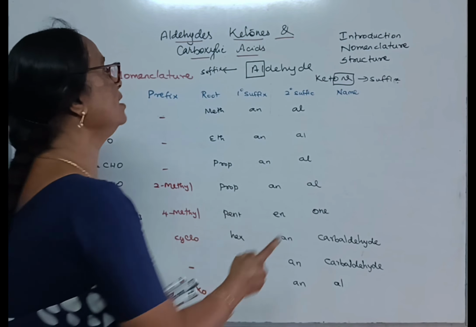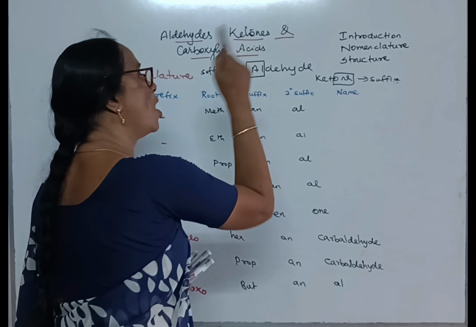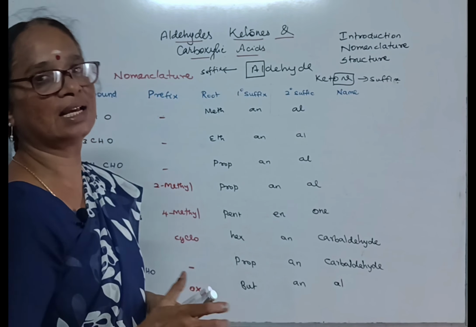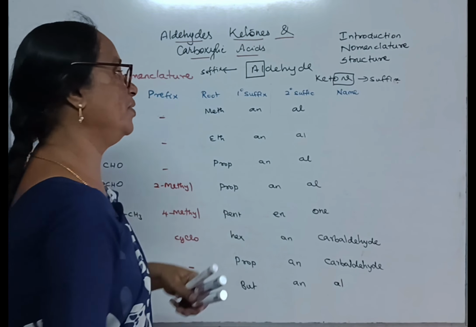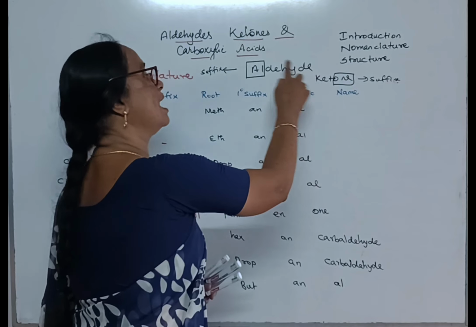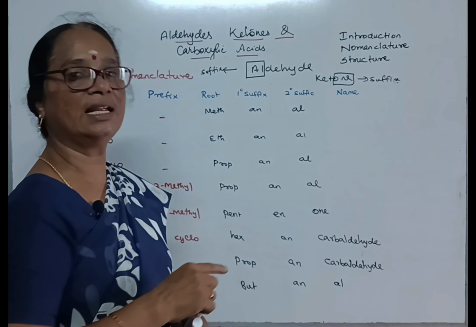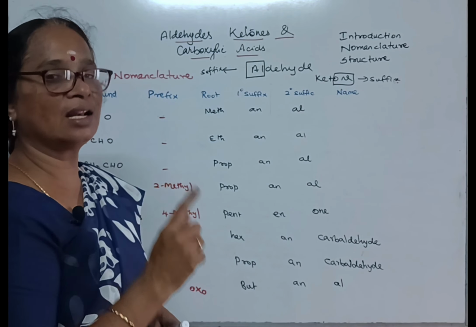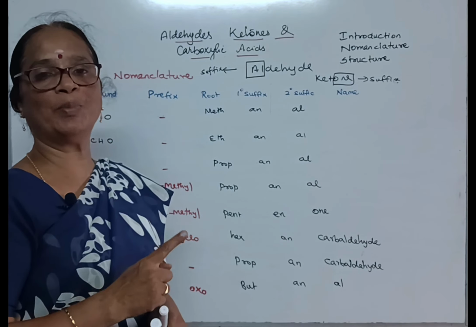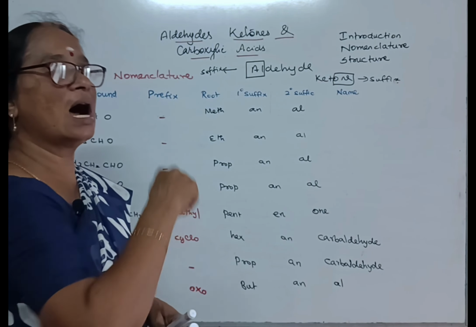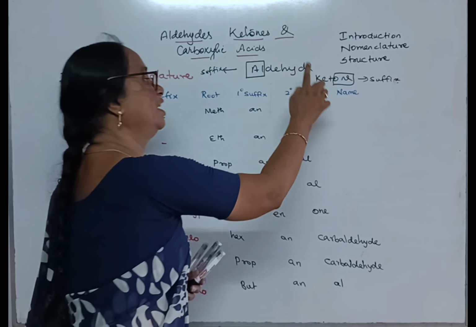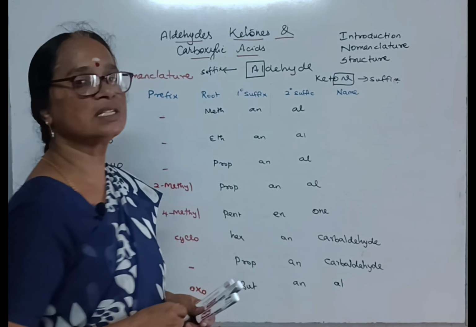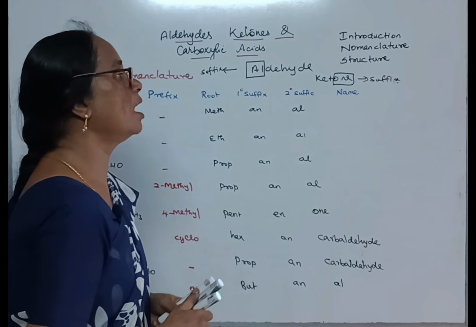But when an organic compound has both ketone as well as aldehyde in its structure, one of the functional groups becomes the substituent, and the other functional group becomes the part of the chain. The ketone is taken as the prefix of the compound, like oxo.